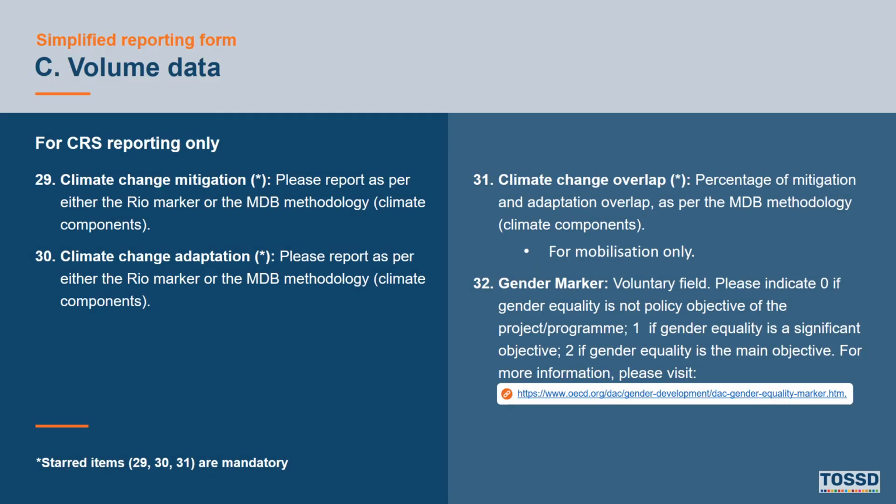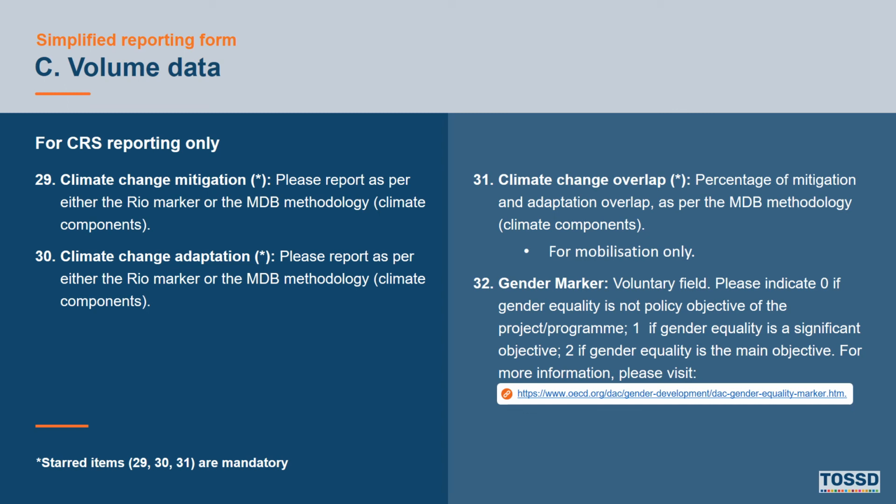A number of reporting items exist only in the CRS. This is particularly the case for climate change mitigation and climate change adaptation policy markers. In the fields related to climate change mitigation and climate change adaptation, please report your contribution to these policy objectives using either the Rio markers methodology or the MDB's methodology based on climate components.